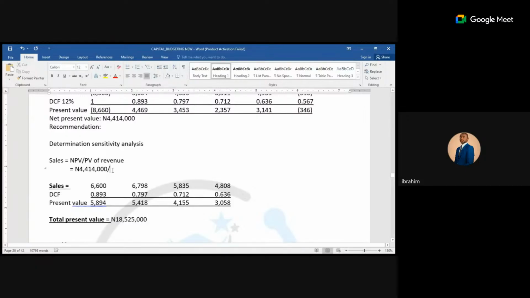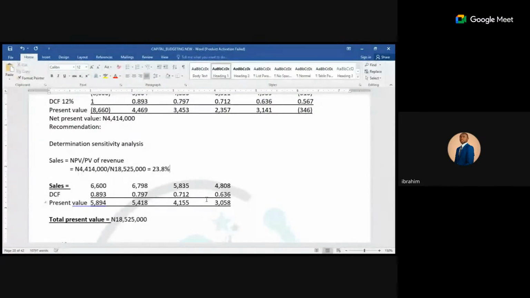So we have 18,525. That is the sensitivity. Equals what, times 100? What do you have? 23.8.